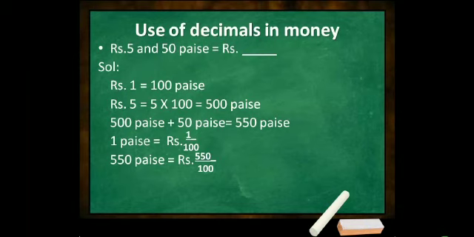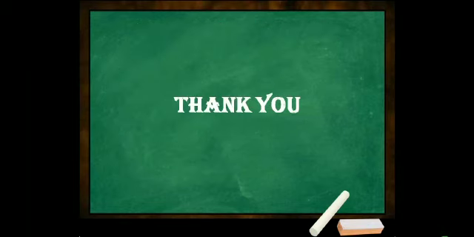Now you are going to divide this, or you are going to see the denominator and see how many zeros are there, and you are going to put the decimal point. So there are 2 zeros. So from behind, that is from the right side, you are going to count 2 digits, that is 0 and 5, and then you are going to put the decimal point. So you will get the answer rupees 5.50. Thank you.